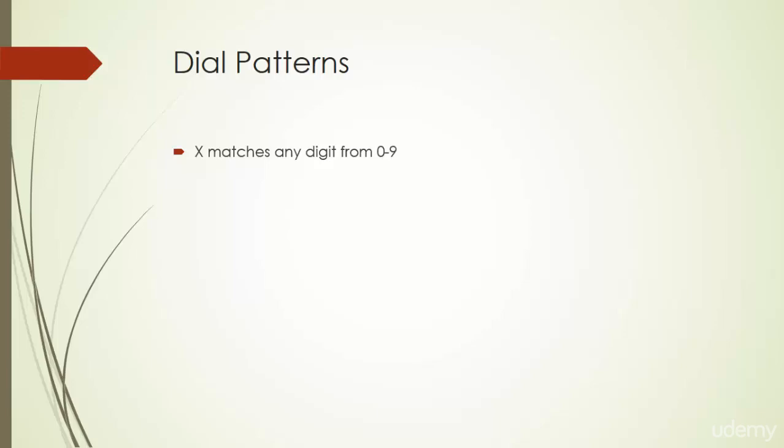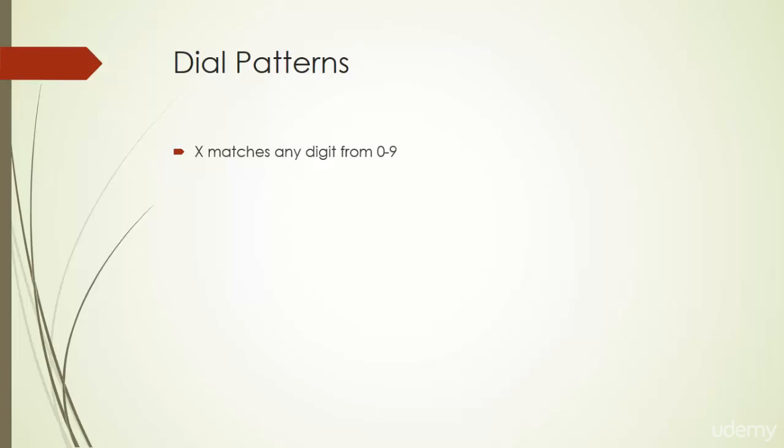If I put X, that means it can be from 0 to 9. Let's say I have a 3-digit number or extension, for example 112. The total length of this number is 3 digits, so I'll be writing it as XXX.